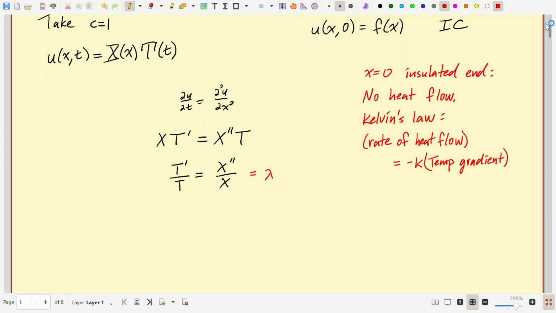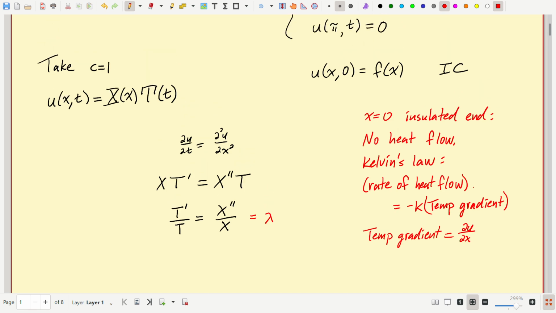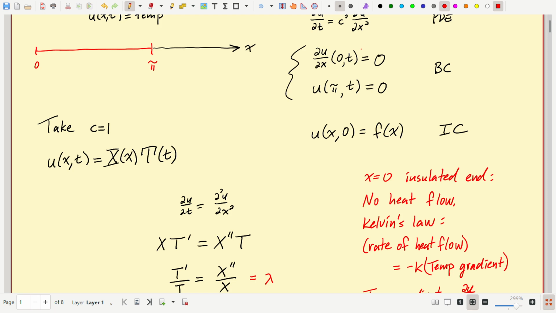Sorry, this thing wasn't working. And the temperature gradient at time t would be a derivative in the space variable, that would be du/dx. And so if there is no heat flow, that would have to be 0. And that's why that boundary condition is the insulated one. Insulated boundary condition.